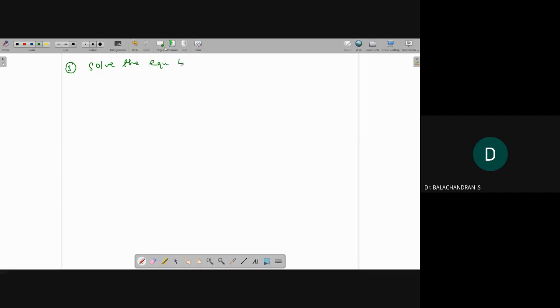5x dy by dx plus y square minus 2 equal to 0. y of 4 equal to 1.